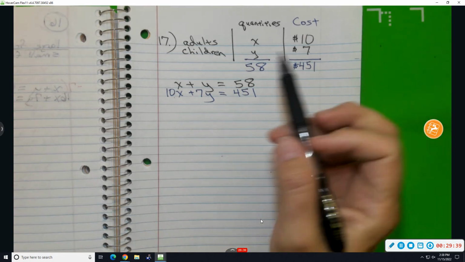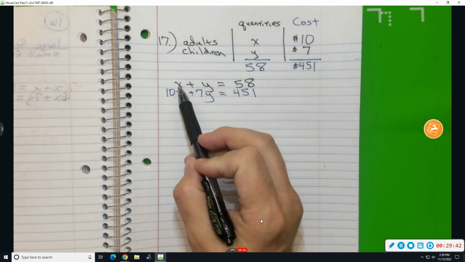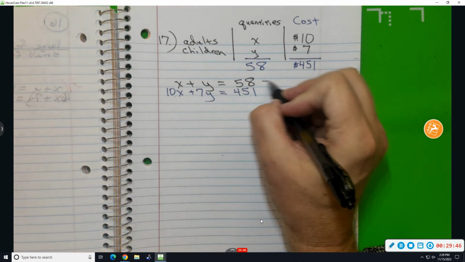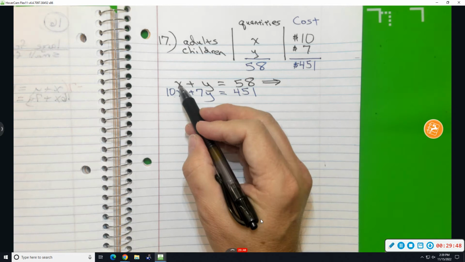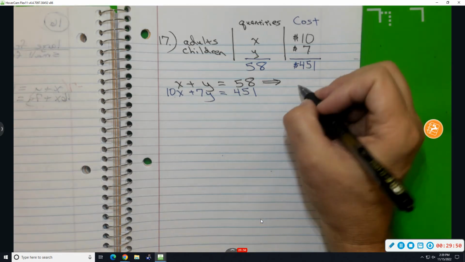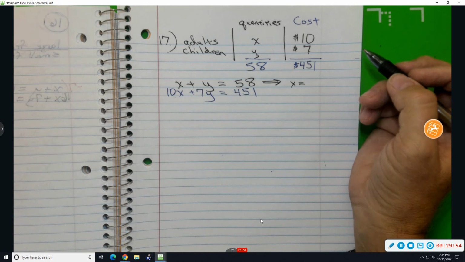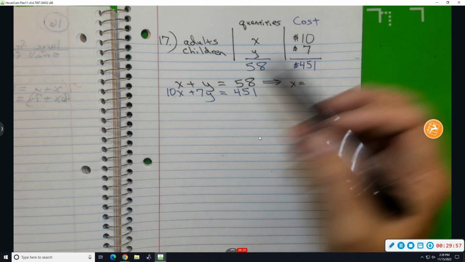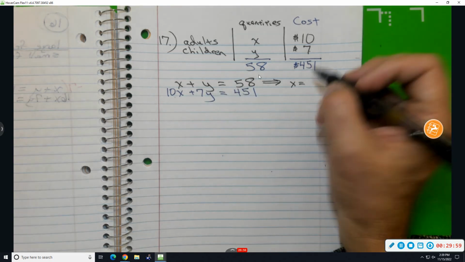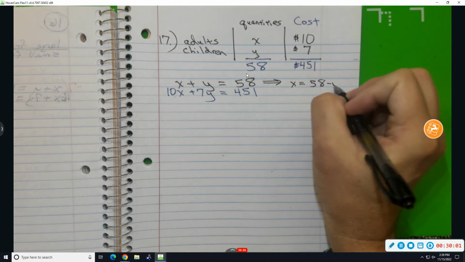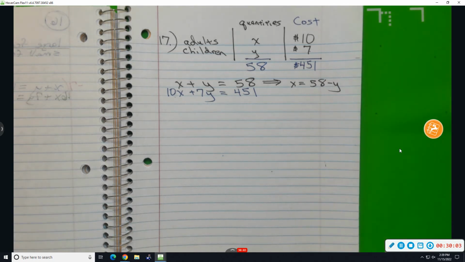But we haven't done a substitution today, so let's use substitution. I noticed something. It'd be easy to solve for that first X that's sitting there. Let's get this X by itself by doing what? Okay, moving that Y over, so we have 58 minus Y. And then we're going to do what the title says, substitute.